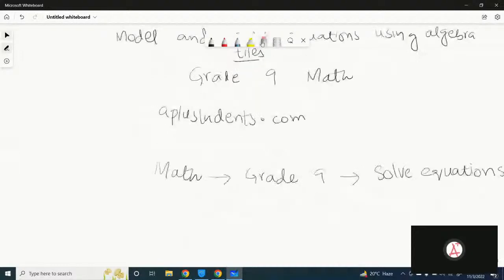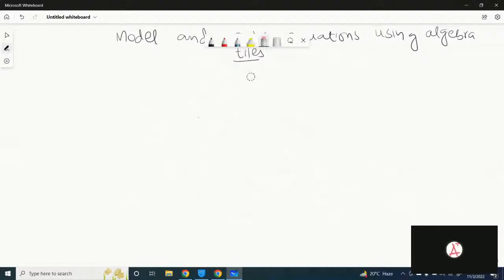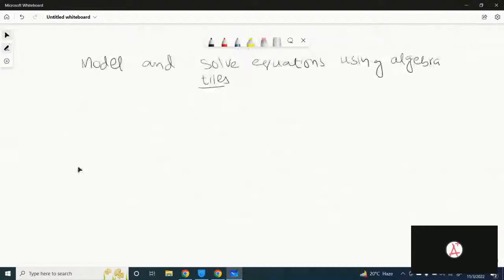Okay, please make sure you have your notebook and pencil so that you can note important points and definitions as well. Got it? Okay, let's start with the topic.